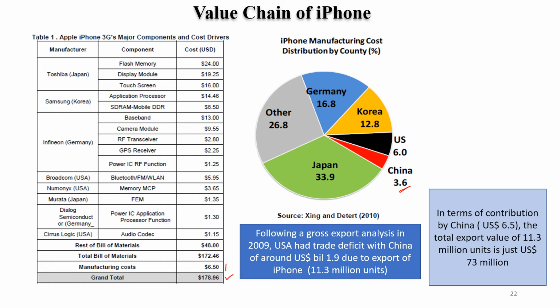So we multiply $6.5 with 11.3 million units, and the value comes down to only $73 million. So it is very clear that when the calculation is done on a trade in value added basis, the value goes down significantly from the calculation done on gross export basis.